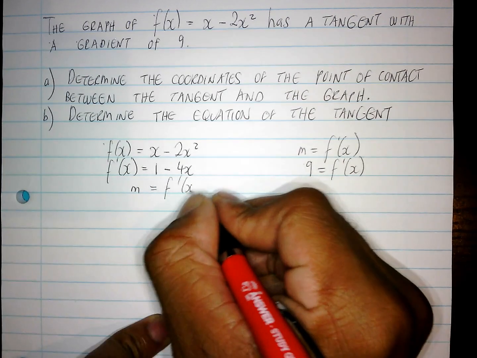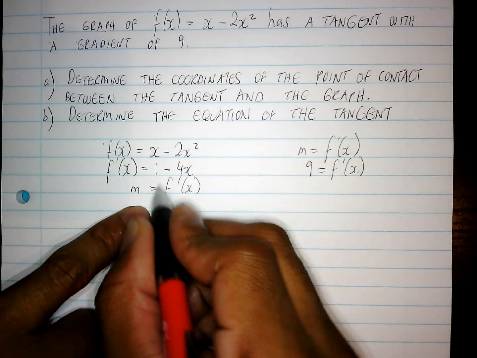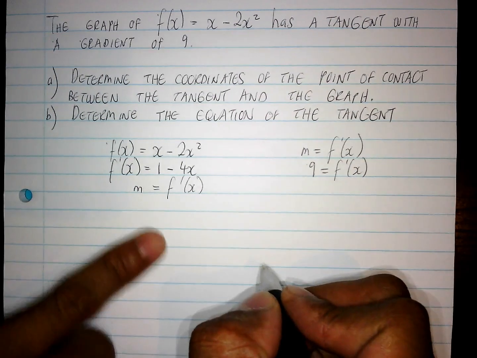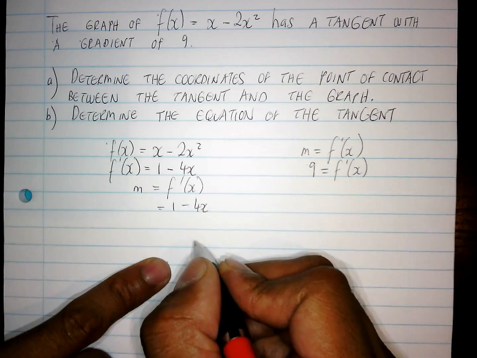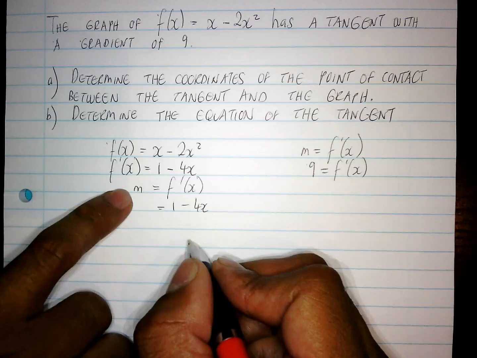Therefore, 1 minus 4x, then m is the gradient, which is 9.